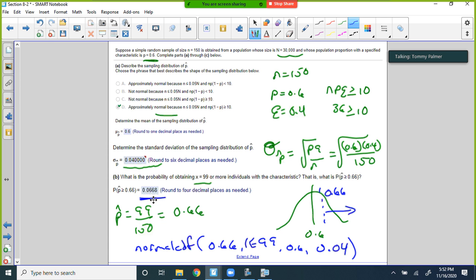Okay. Questions on that? Okay, that's 8.2. So chapter 8 is the sample mean and the sample proportion. The probability of sample mean is 8.1 and the probability of sample proportion is 8.2.